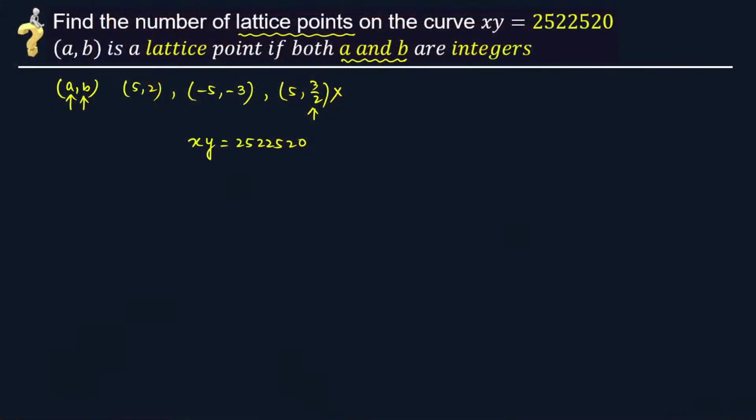Okay? So now let me just write this big number 2,52,2,52,0 in prime factorization. I have actually already calculated this before, so I am simply writing it. 2 cube, 3 square, 5, 7 square, 11 into 13. Is it clear?